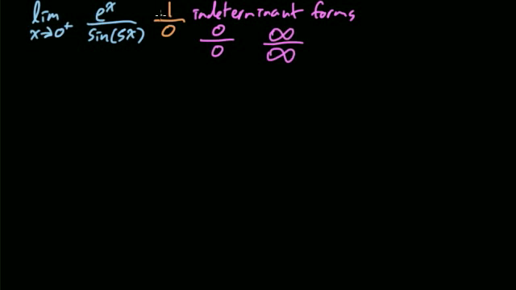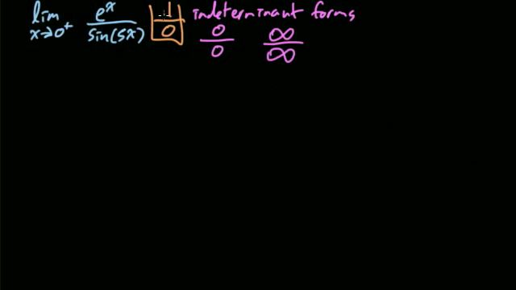So hopefully you can see that we don't have our indeterminate form, so our limit isn't going to approach a finite number. This is something we hopefully saw in a video earlier in the playlist, but if you didn't, you can go and review it.